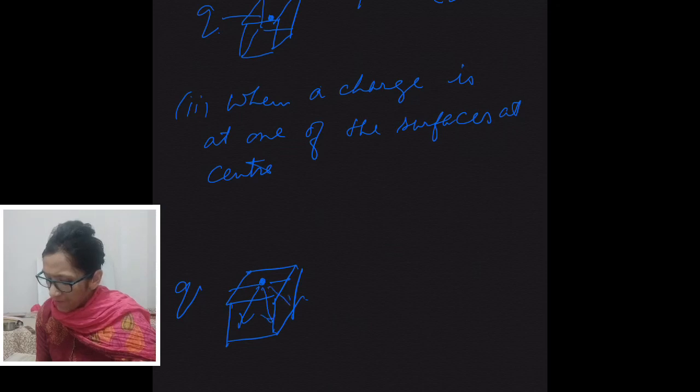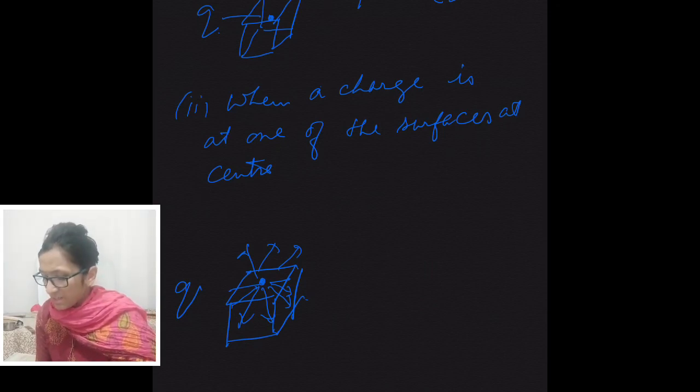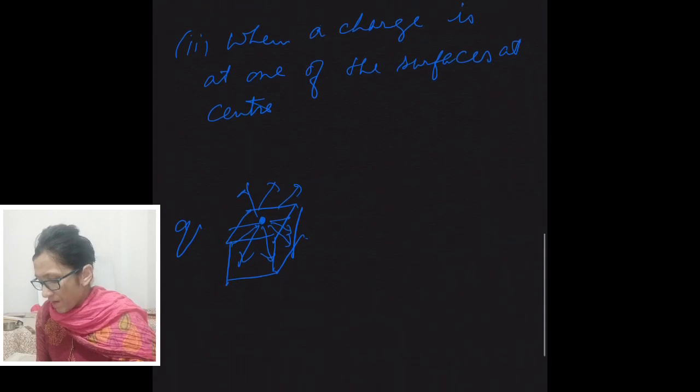Half of the field lines are passing through it, and half is going in the other direction. So only half of the field lines due to this charge are passing through the cube.